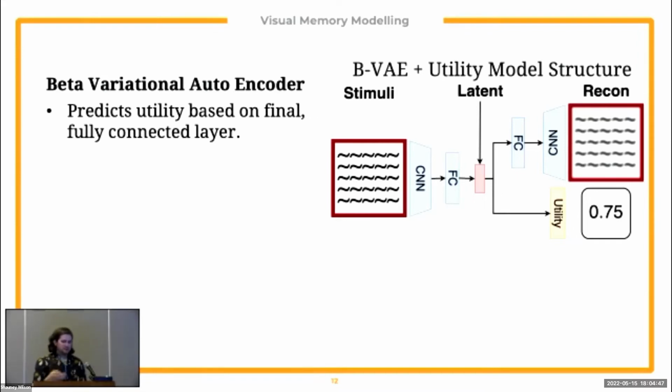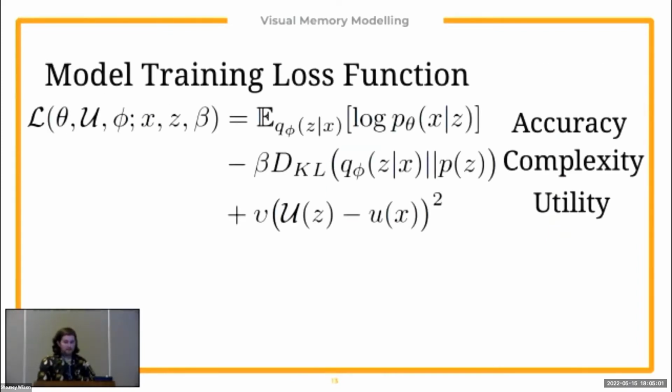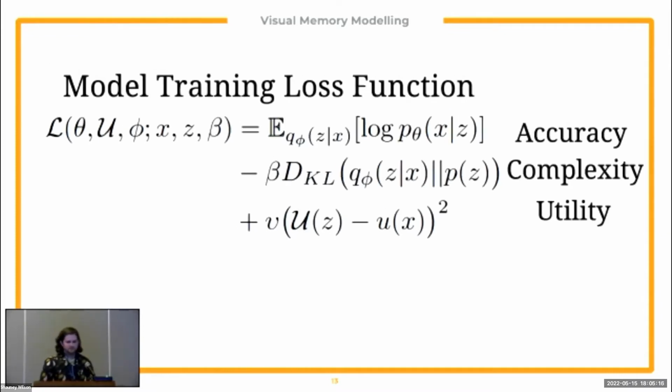However, it's possible to pre-train these models with a sort of baseline utility so that they can get to some base level of performance of reconstructing these before you actually predict the behavior of participants in that task. This required an updated model training method by adding a weighted value of the utility error. This is the error between the prediction and the ground truth utility, and it's weighted by a similar weighted term as the information complexity.